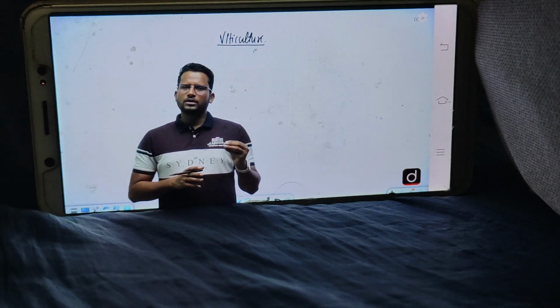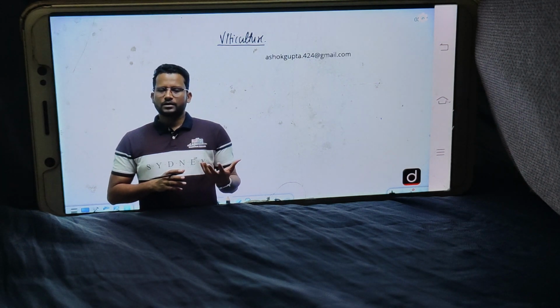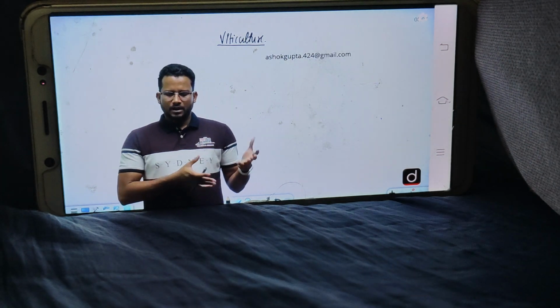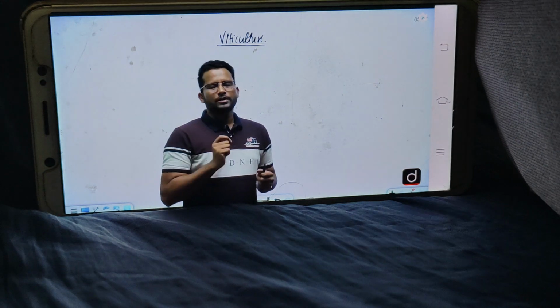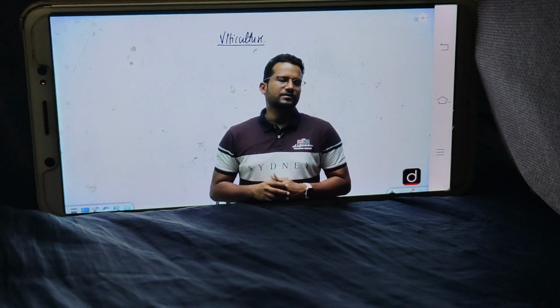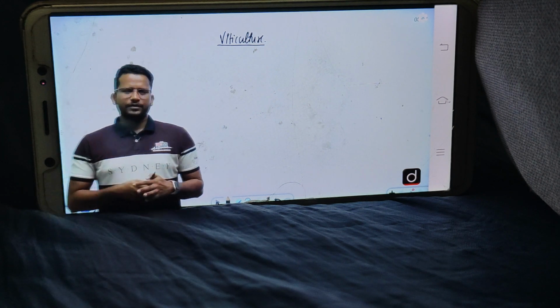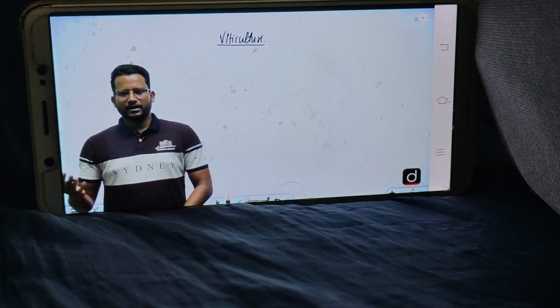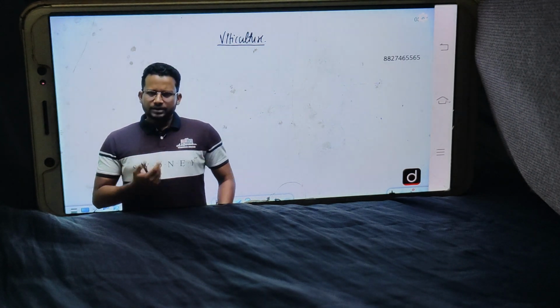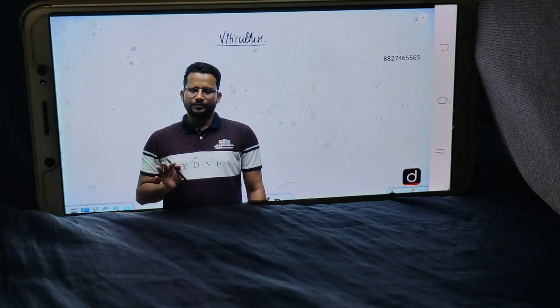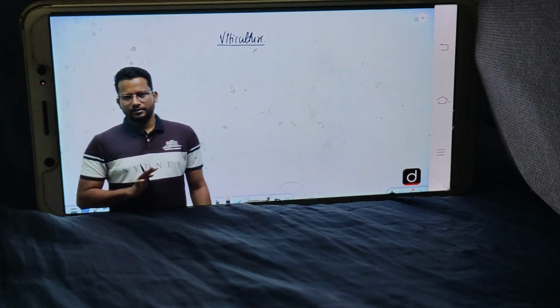It requires knowledge of grape varieties, that which variety you need to plant. And it also requires the knowledge of wine making techniques, because wine making is a process in itself. So if you want to utilize grapes for wine making, you need to have some knowledge related to wine making. So all these things are required. Clear?